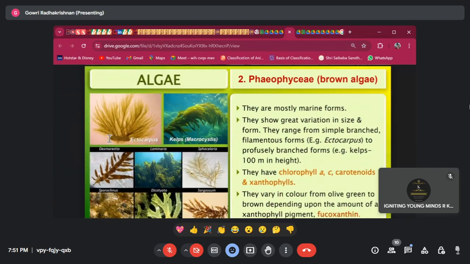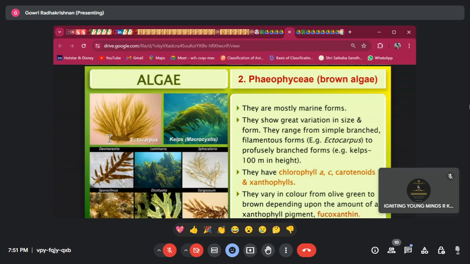Phaeophyceae, or brown algae. They are mostly marine forms. They show great variation in size and form. They range from simple branched filamentous forms, that is Ectocarpus, to profusely branched forms, for example kelps, 100 meters in height. I don't know if you have seen Discovery Channel videos, like scuba diving or people going for underwater research with the oxygen tank.